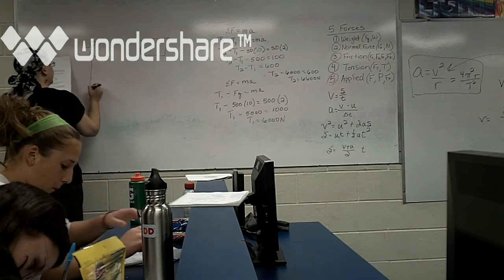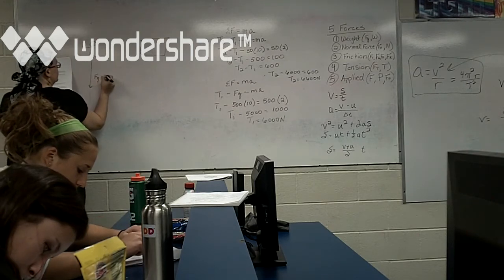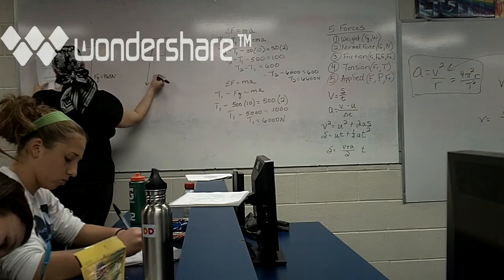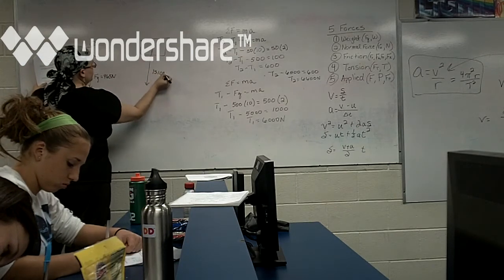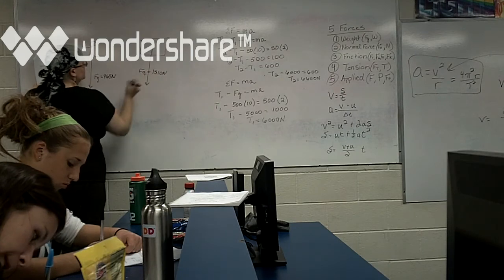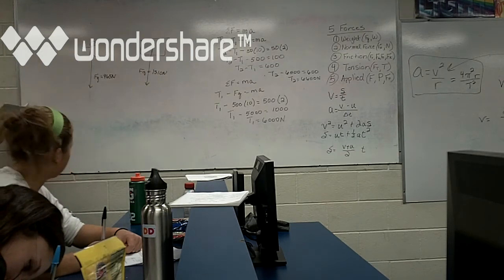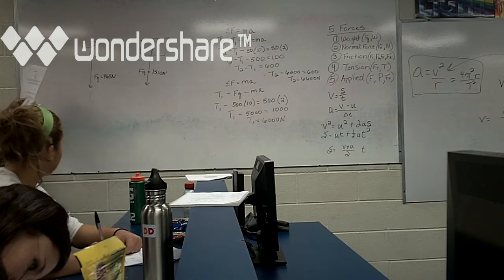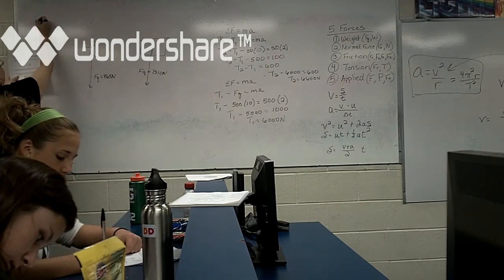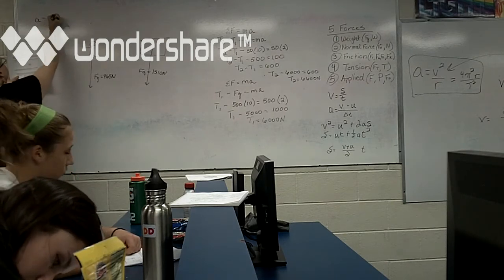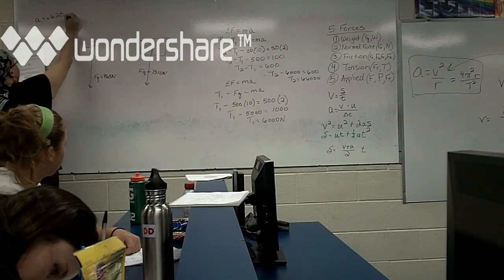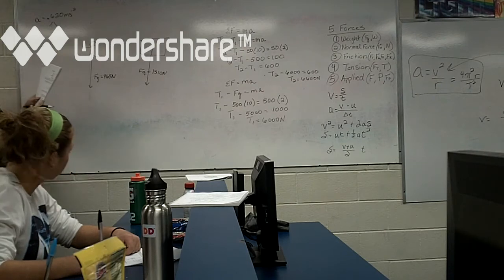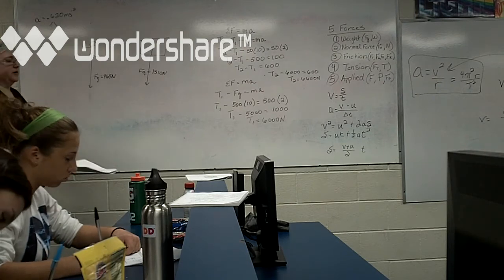So the worker's weight is 965 newtons, and the load, or the crate, is 1510. The acceleration of the cable is 0.620 meters per second squared upward. What is the tension in the cable below the worker and above the worker?